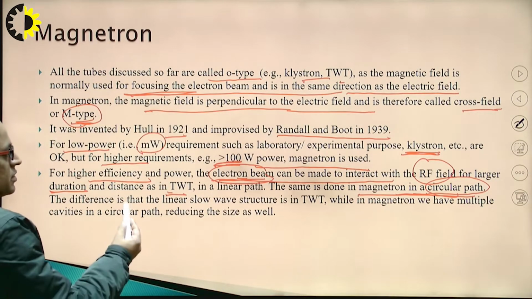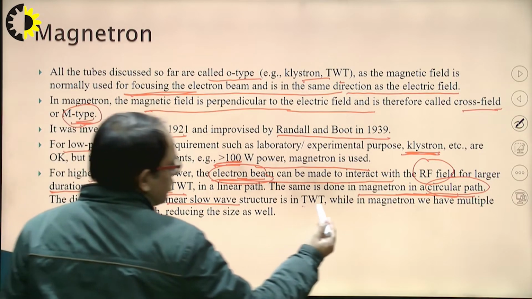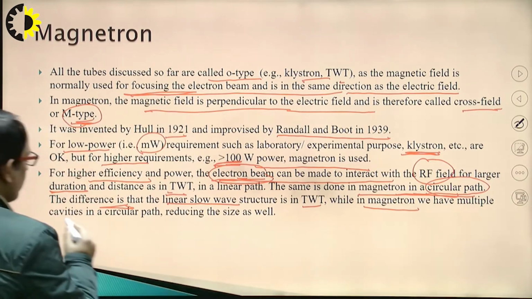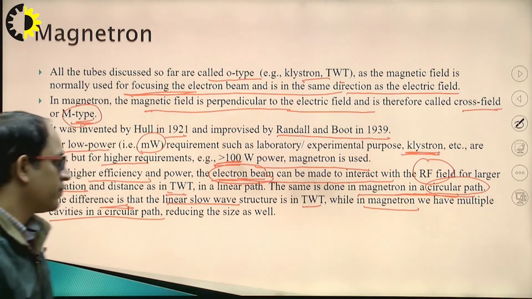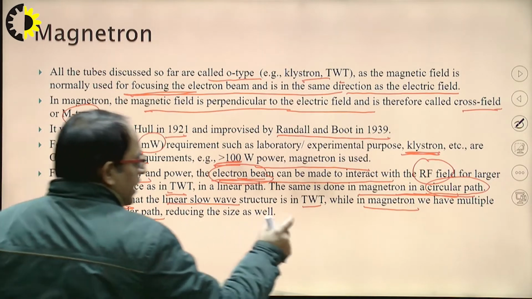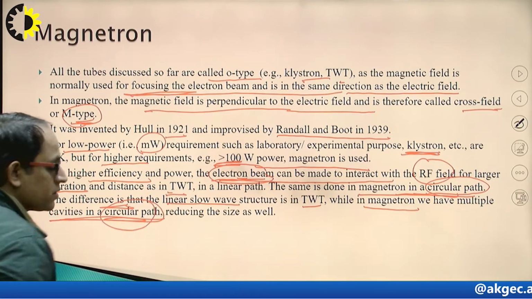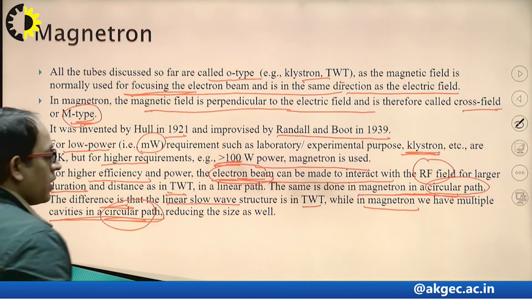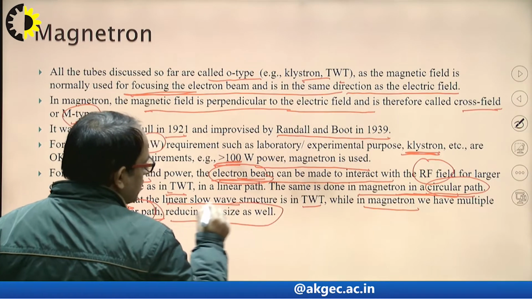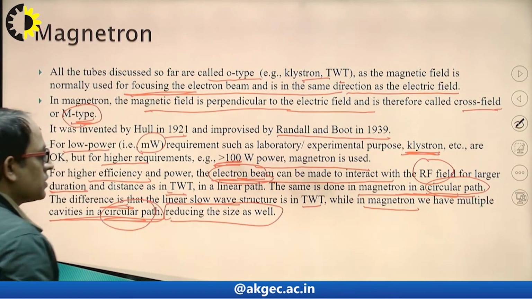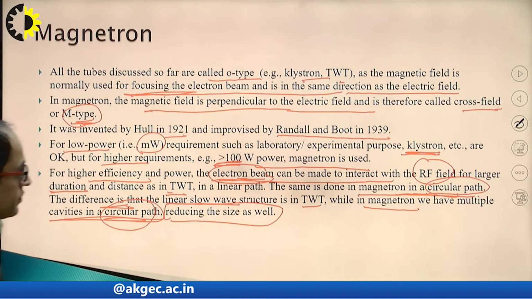The difference from the slow wave structure in the TWT is that in the magnetron we have multiple cavities in a circular path. Due to the circular path interaction, the size of the magnetron can also be reduced to a smaller size.